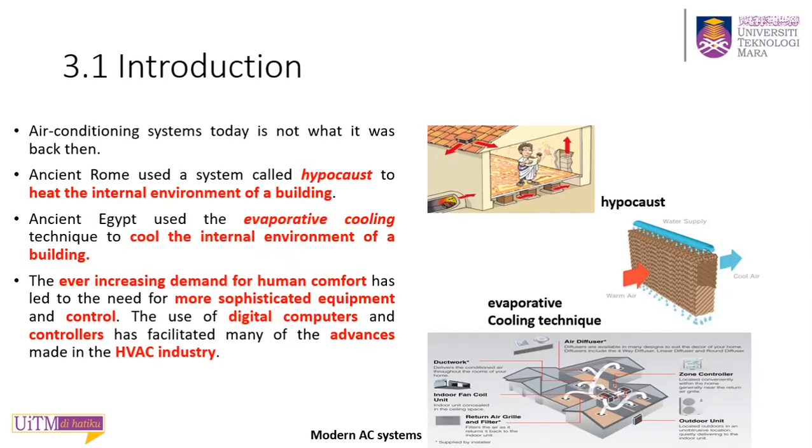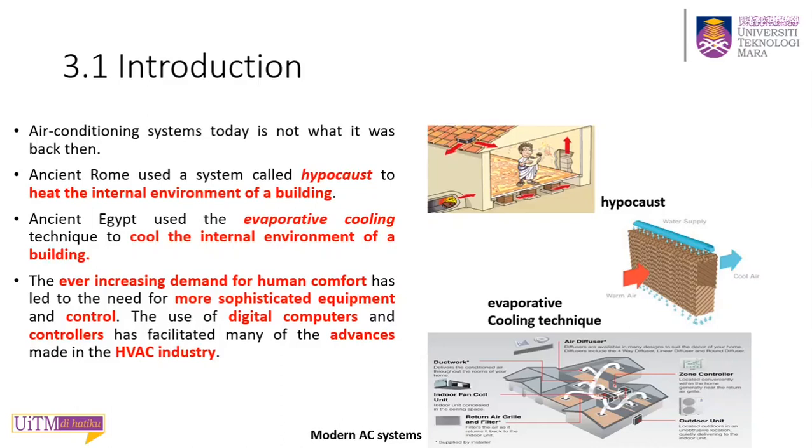For the introduction, we have here a bit of history lesson with respect to air conditioning. As you can see, to condition air, we do not need any fancy equipment in order to make our surrounding comfortable. Ancient Romans used a system called hypocaust to produce warm air during nighttime or winter so that they feel comfortable during these cold times.